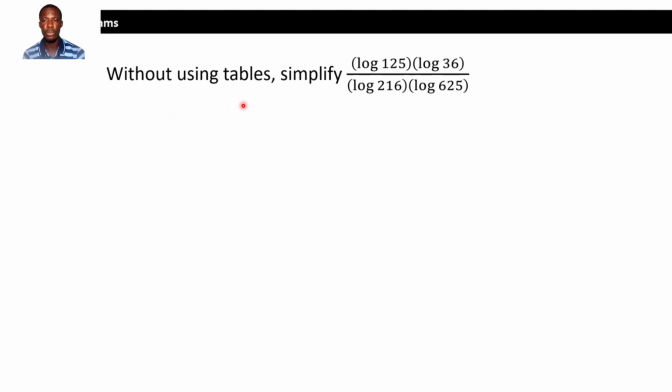Without using tables, simplify the expression that is a fraction with numerator log 125 in brackets multiplying log 36 in brackets, and a denominator log 216 in brackets multiplying log 625 in brackets. So let's go ahead and solve. Solution.